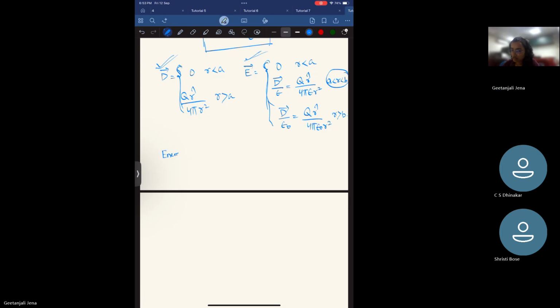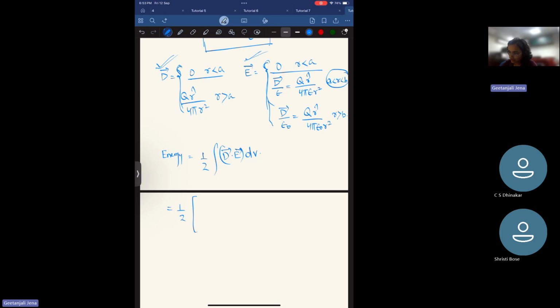Energy is half integral of D dot E dV. Inside, for this region, this is 0.